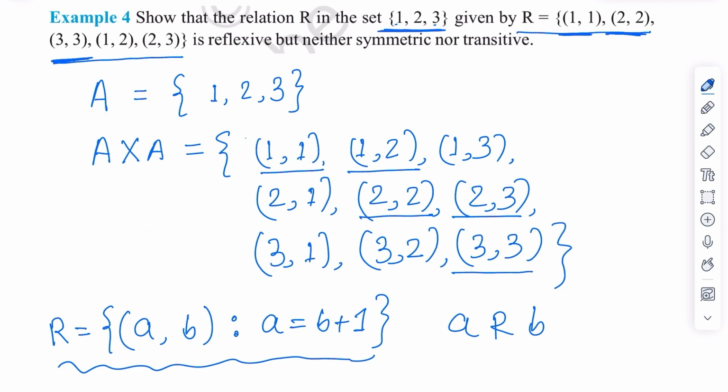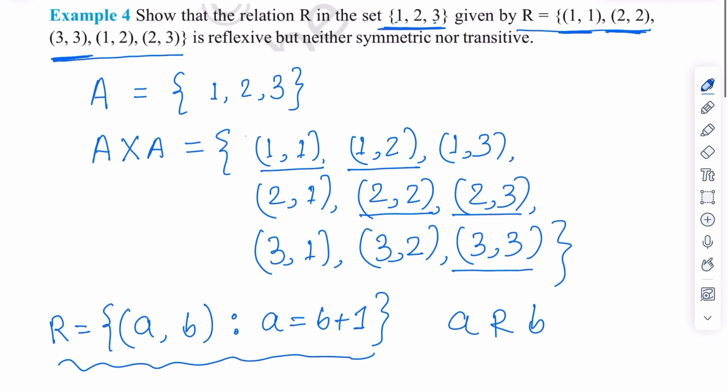So if 1 to 3 belongs to the set, then (1,1), (2,2) and (3,3) also belong to the relation. Therefore, it is a reflexive relation. Okay. Now, whether it is symmetric or not, that we have to see.